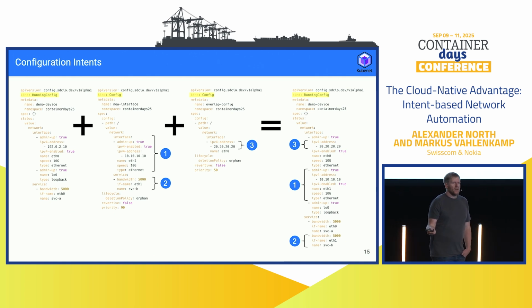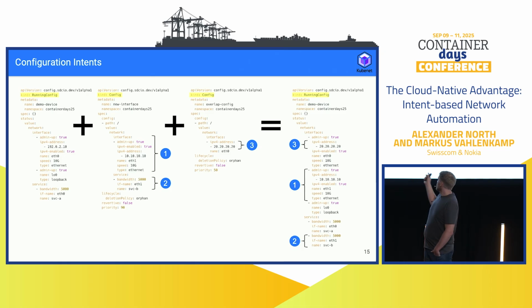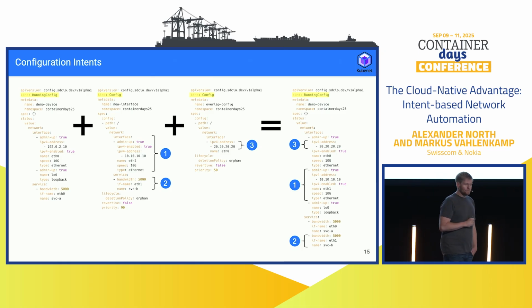There was an intent, there is another intent. What's happening? So we foresaw that configuration intents might overlap. And that's why we came up with the concept of the priorities that you see down there on the bottom. So a higher priority configuration intent will win over a lower one.